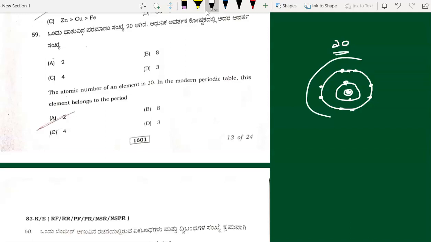Let's take one more shell, which will hold 2 electrons. The first shell holds 2, the second shell can hold a maximum of 8, and here we have 8 electrons.